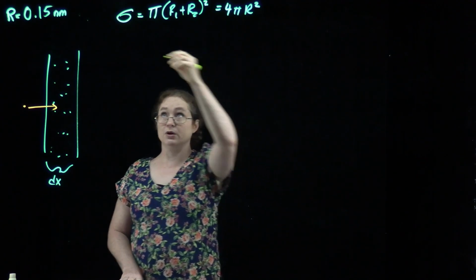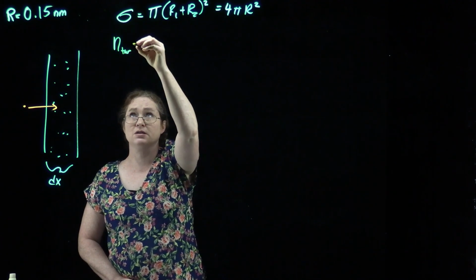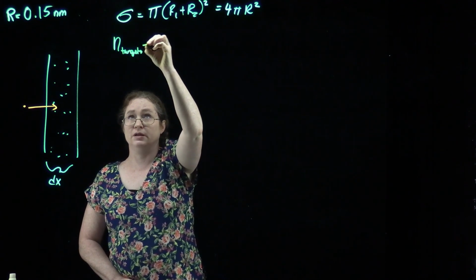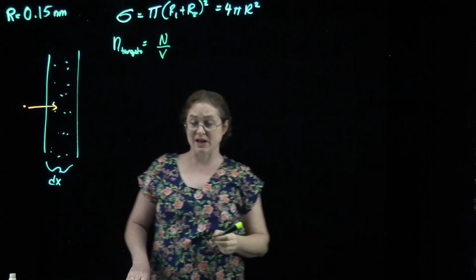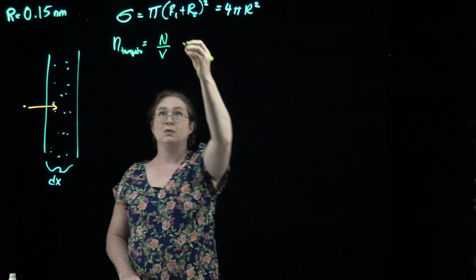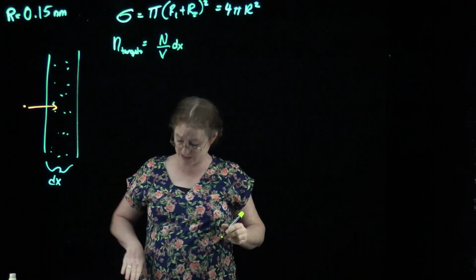Then the number density of targets is the number density in the gas, so the number of gas molecules per unit volume, times the distance you travel through it, dx.